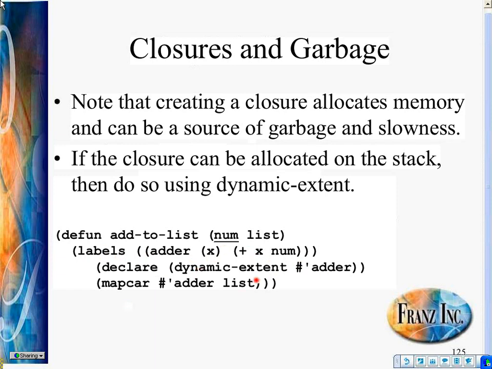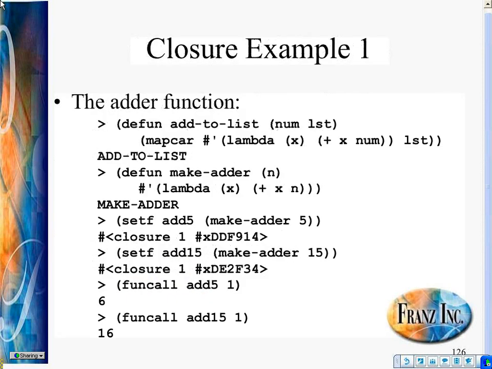And you can put in a declaration saying when you compile this, keep it on the stack, give it dynamic extent. And so whenever you call add to list, it will create one of these closures, but it will allocate it on the stack and it won't use up memory, is the idea.